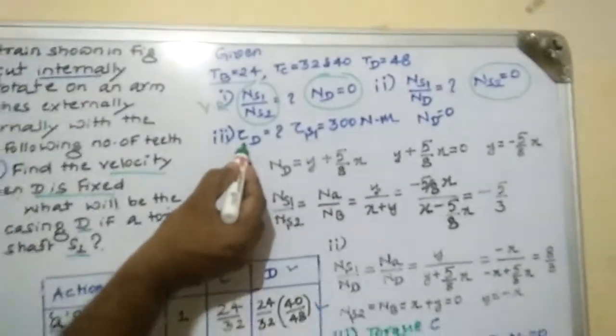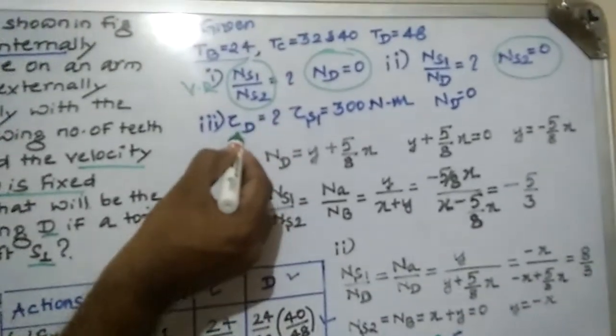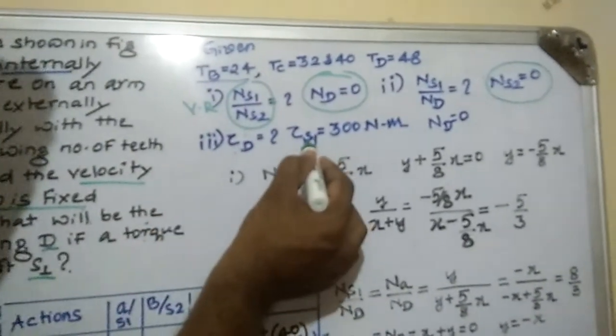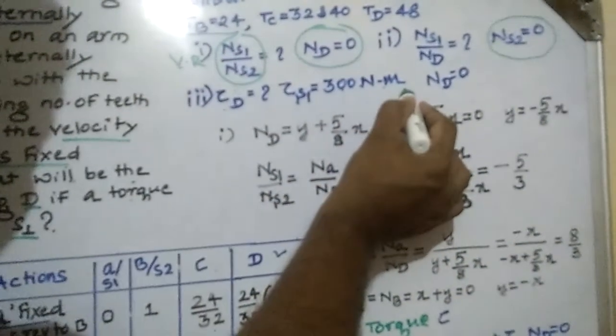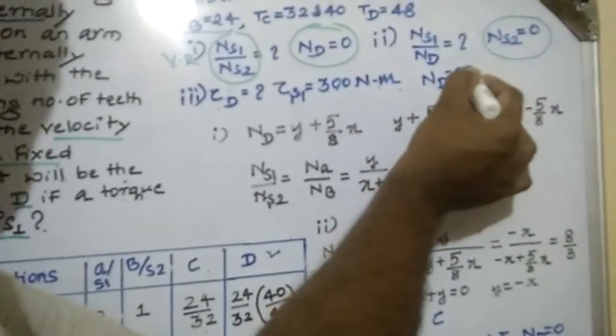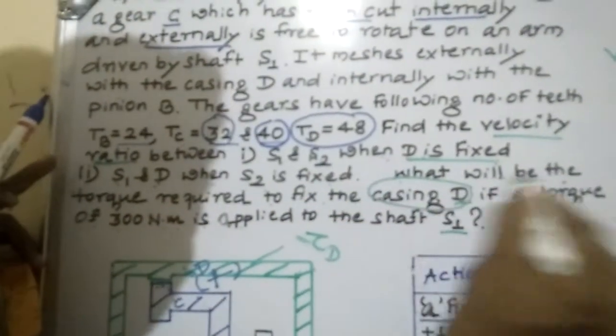I have taken the symbol for the torque as tau D. You have to find the torque when the torque given at S1 is 300 Newton meter, with ND fixed. ND is fixed because you have to fix the casing D. That's why they gave ND as 0.